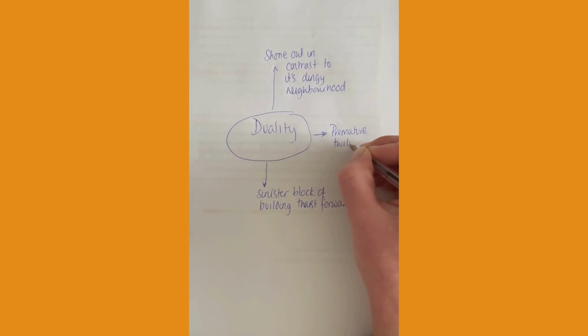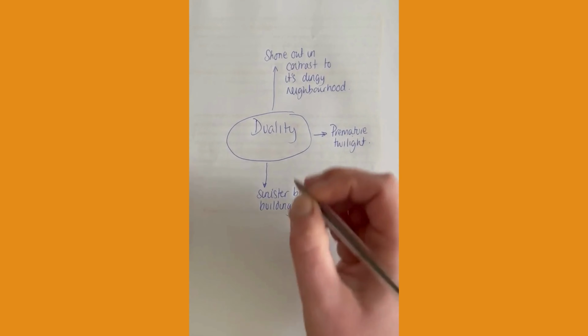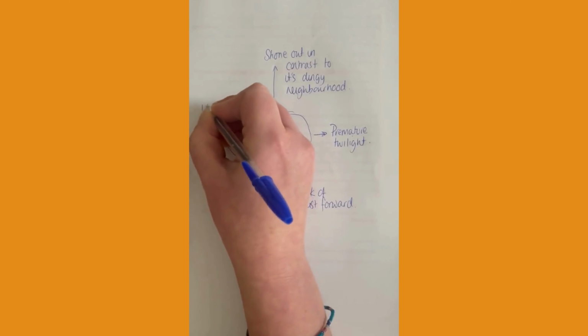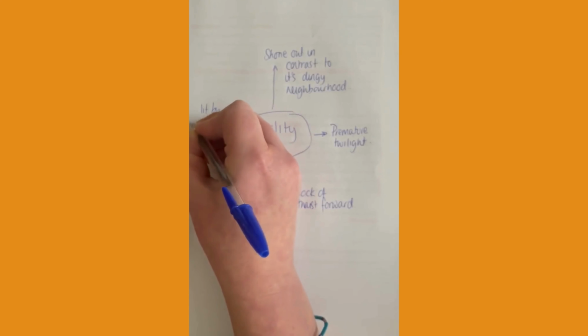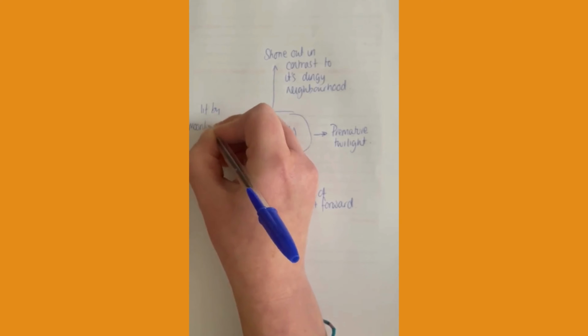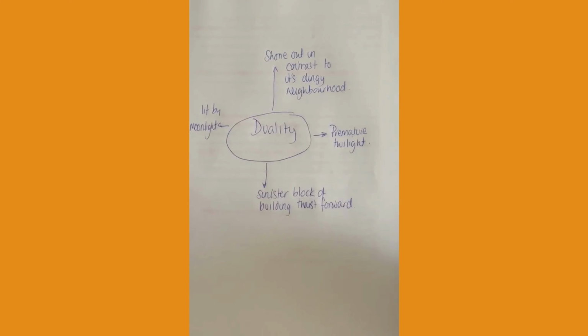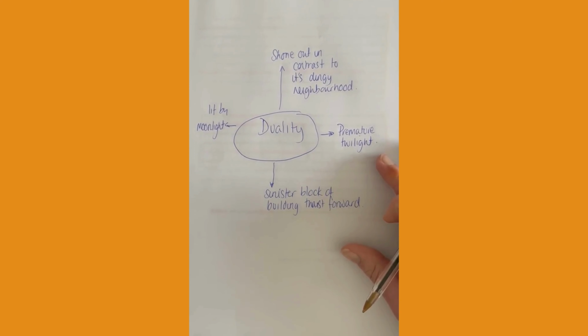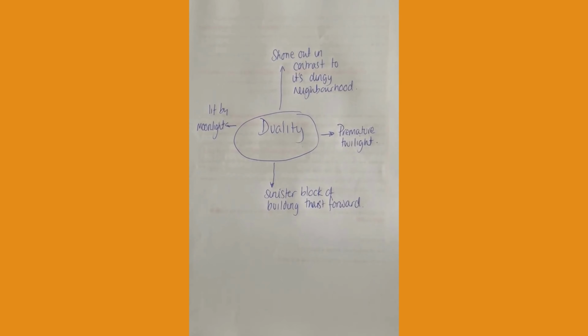Premature twilight. And then lit by moonlight. So here we have 4 quotations, 2 from the extract, 2 from the rest of the novel, all of which link to the idea of duality, all of which link to the idea of a combination of things working together. So all of that shows man's duality.